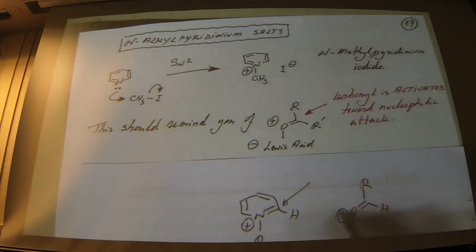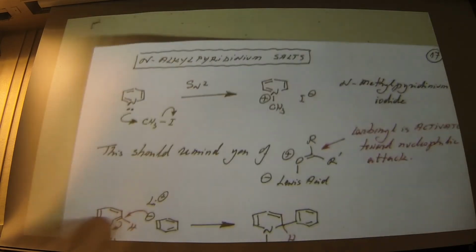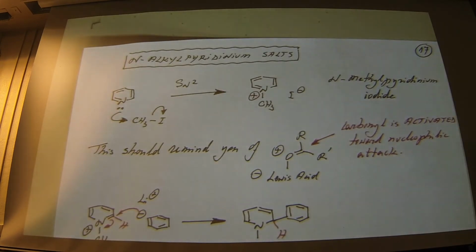So you have the heteroatom protonated, that amplifies the reactivity of this carbon atom, just as we've seen many times before. And it doesn't have to be a proton, it could be a Lewis acid, Bronsted acid, it makes no difference. But as long as the carbonyl is protonated, then this carbon-heteroatom bond is more reactive to nucleophiles. And so that's what we've done by forming the N-alkylpyridinium species. We have increased its reactivity towards nucleophilic attack at C2 or C4, but typically it's C2.